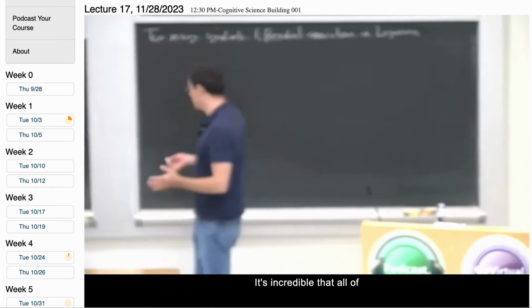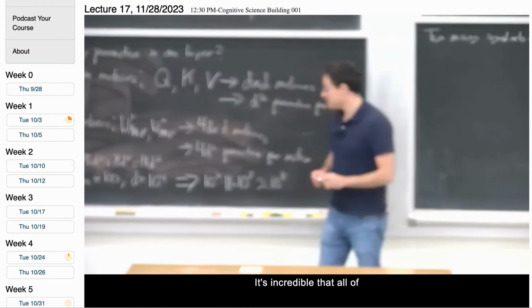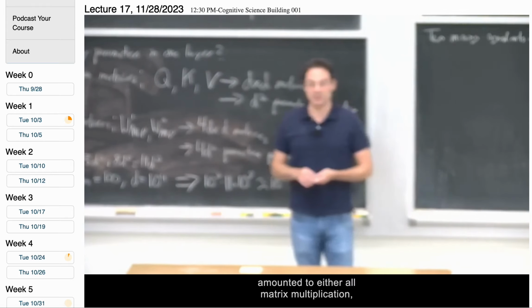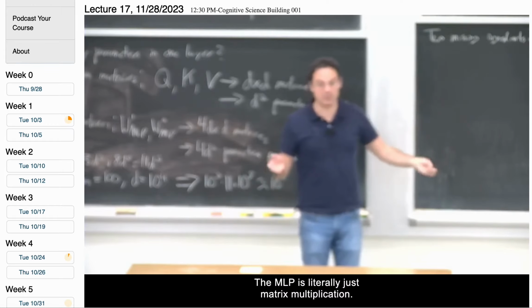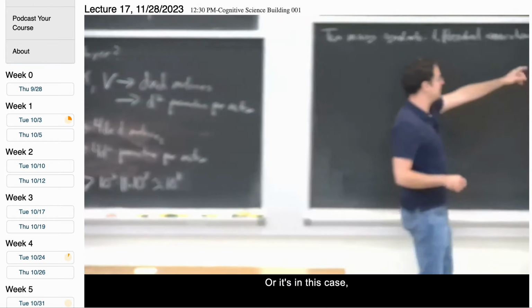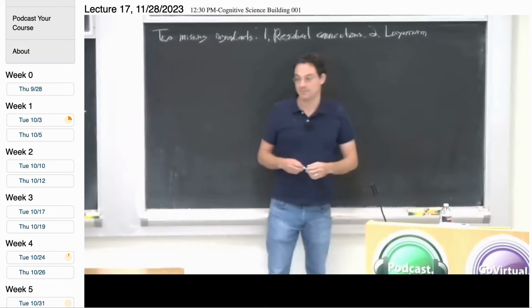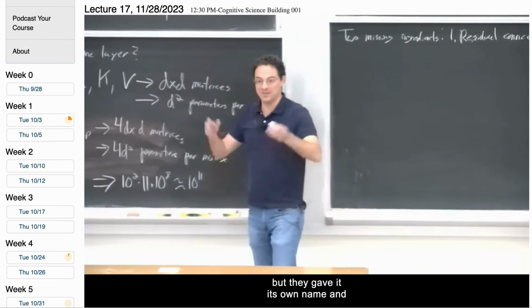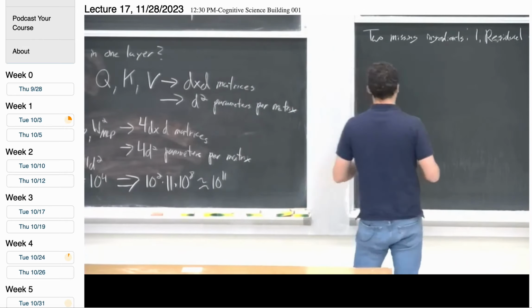It's sort of incredible that all of these special ingredients in deep learning amounted to stuff that's either all matrix multiplication, the MLP is literally just matrix multiplication, or, in this case, like a 100-year-old idea from statistics. But they gave it its own name, and then it's like they made a major discovery. It's a very funny situation.